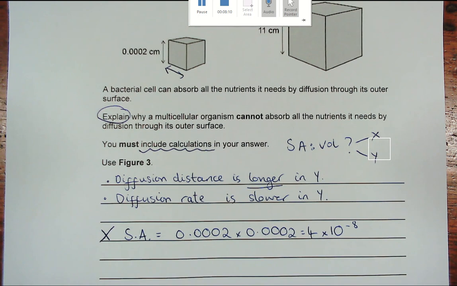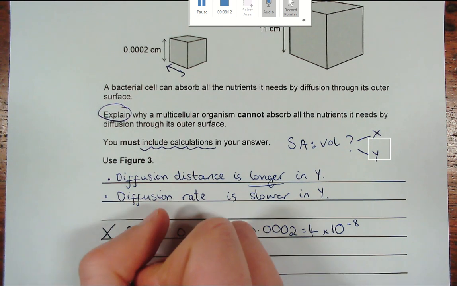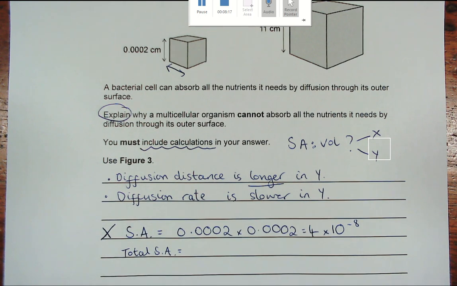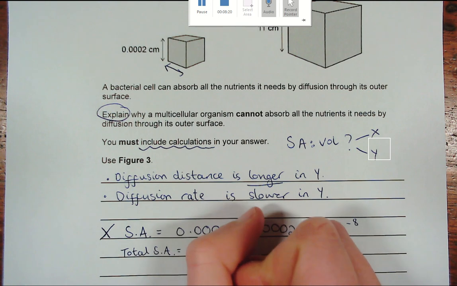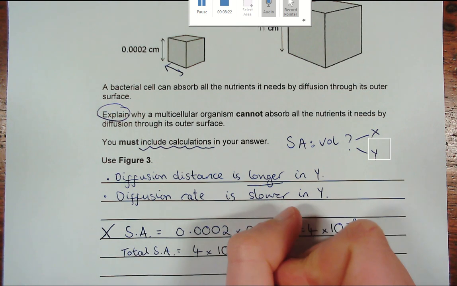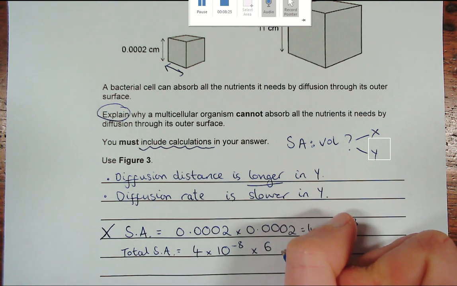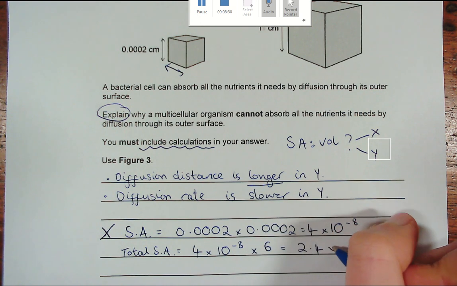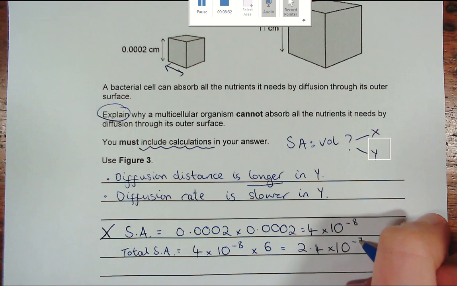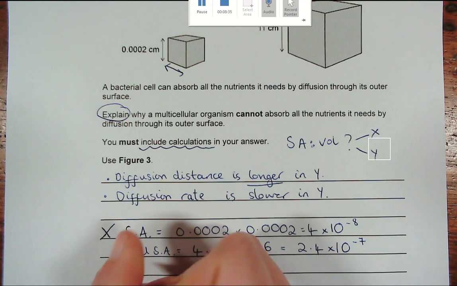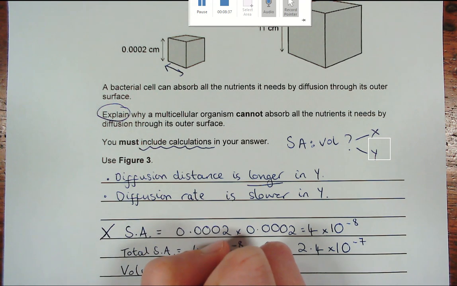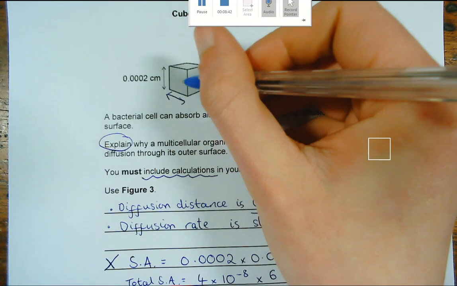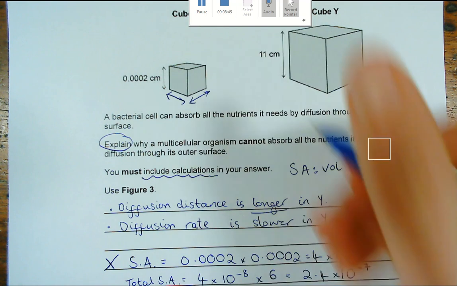So we're talking about a really small number here. The total surface area, remember we're still using a cube, we've still got 6 sides, so we multiply the surface area of each side by 6, and that gives us our total surface area, which is 2.4 times 10 to the minus 7.